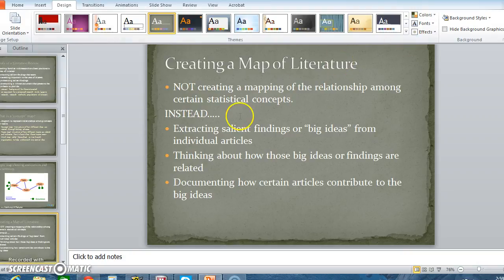Rather, what is important when creating a map of the literature is extracting salient findings or big ideas from individual articles.